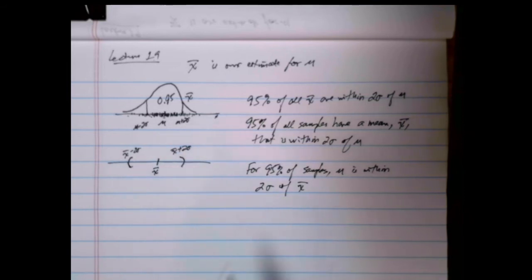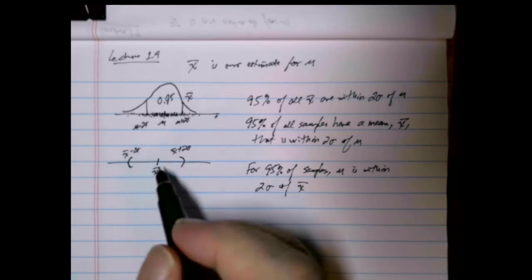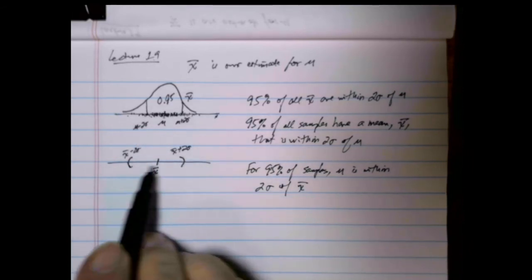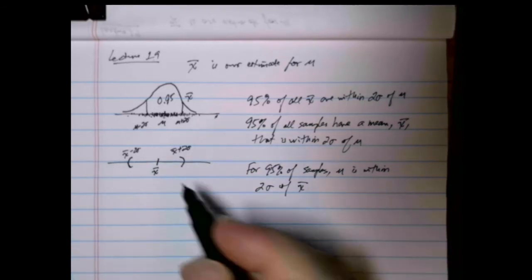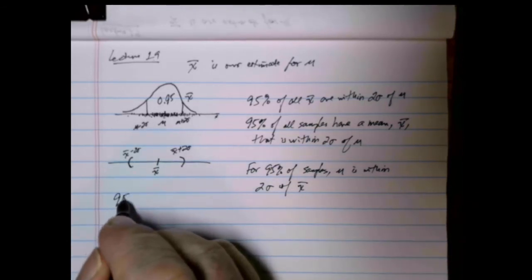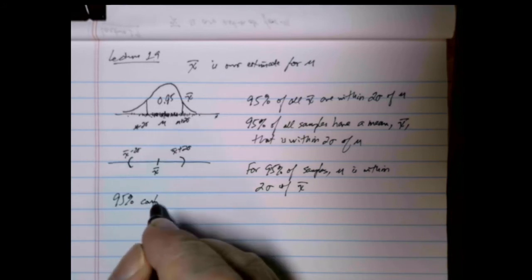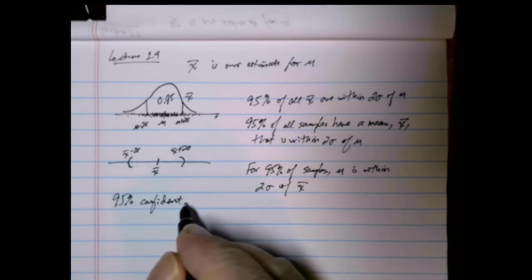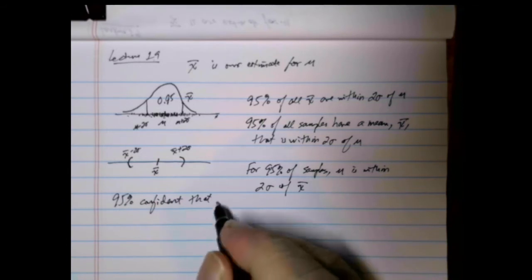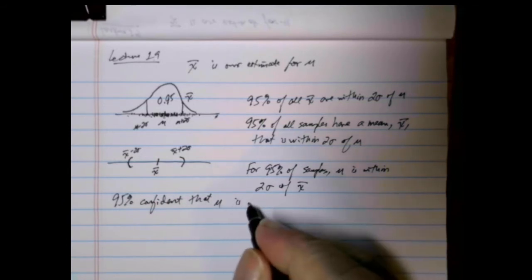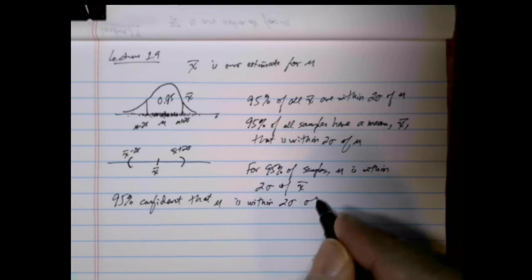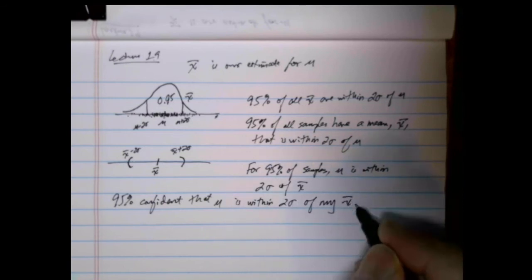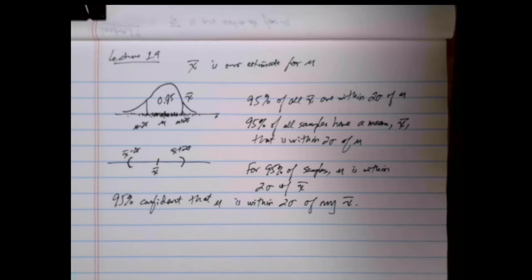I can tell you that for 95% of all the samples I could choose, mu would be in this interval around the sample mean. So I express that by saying that I am 95% confident that mu is within 2 sigma of my X bar, in other words, the particular one that I have from my sample.